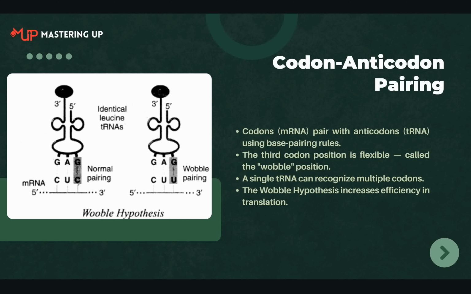Interestingly, the third position of the codon allows some flexibility known as the wobble position. You can see in the illustration the third position of the codon, which is the wobble pairing. This flexibility helps the cell make proteins efficiently even with a few tRNA types.